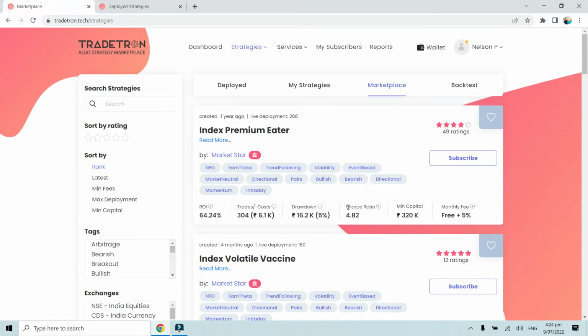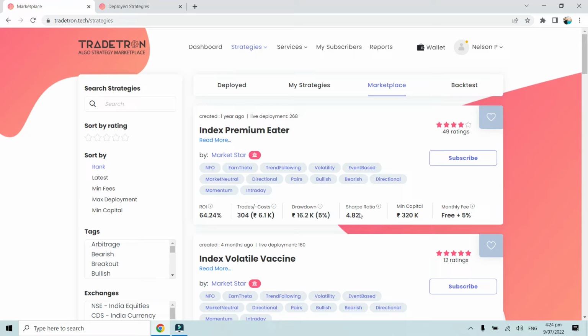Next is Sharpe ratio. So Sharpe ratio is a very important ratio that is used in alternative investments. Normally a Sharpe ratio of 2 or higher is considered a good Sharpe ratio, because the formula says expected returns divided by per unit of risk. So if it says 4.82, what it means is that for every unit of risk, you are making 4.82 times the return.